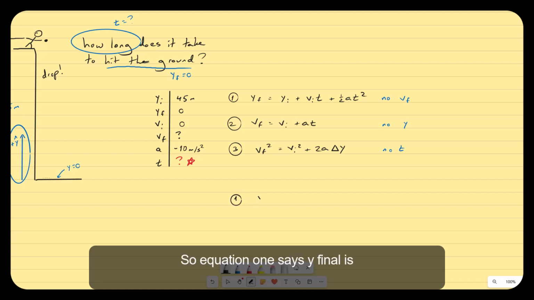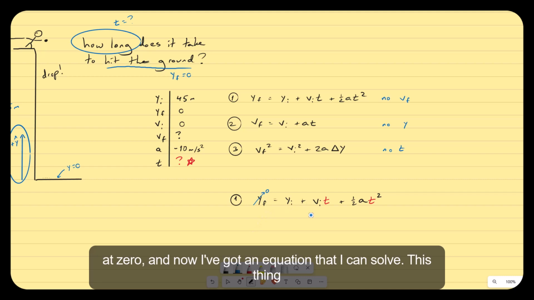So equation 1 says y final is y initial plus v initial t plus half a t squared. I can put y final in as 0, and now I've got an equation that I can solve.